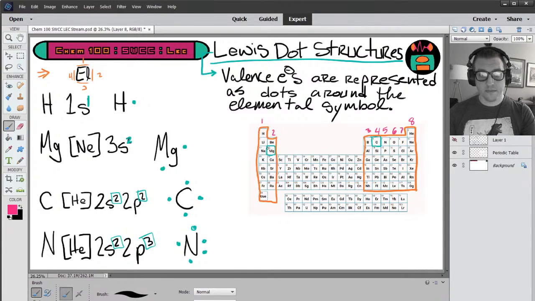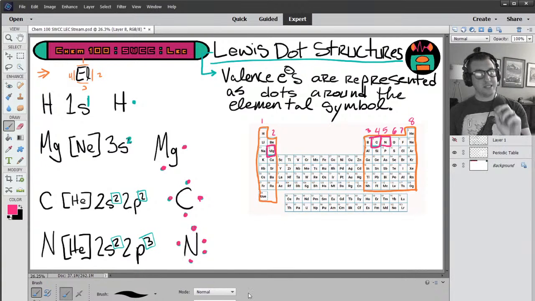Check this out. Magnesium's in the second column. How many dots did it have? 2. Carbon is in the fourth column. How many dots does it have? 4. Nitrogen's in the fifth. How many dots does it have? 5. This pattern holds true for every main group element.